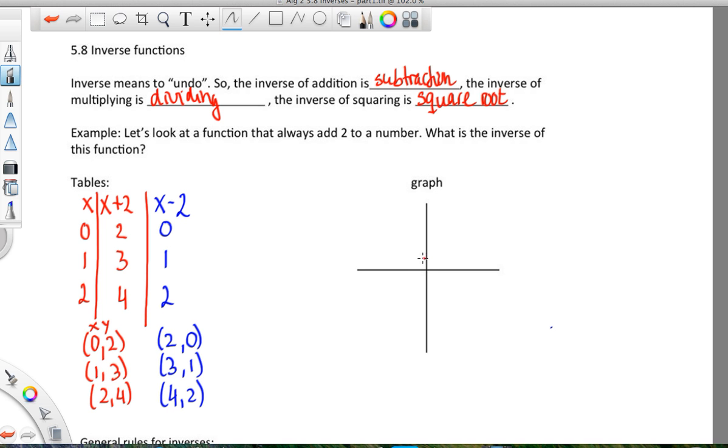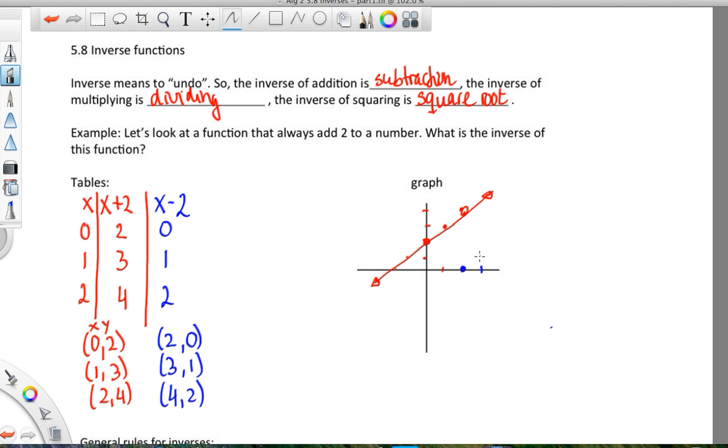So we would have a dot at 0, 2. At 1 we would be at 3. And at 2 we should be at 4. So graphically we get something that looks like this. If you graph the blue function, at 2 you would be at 0.